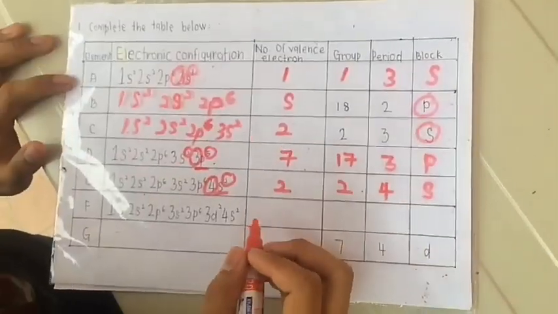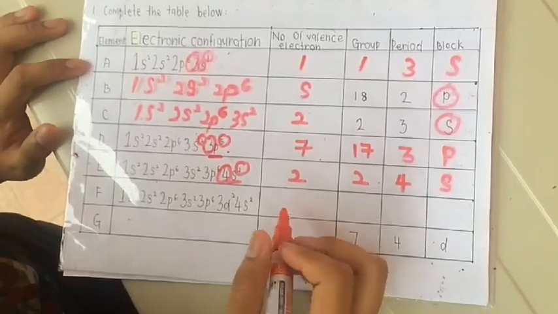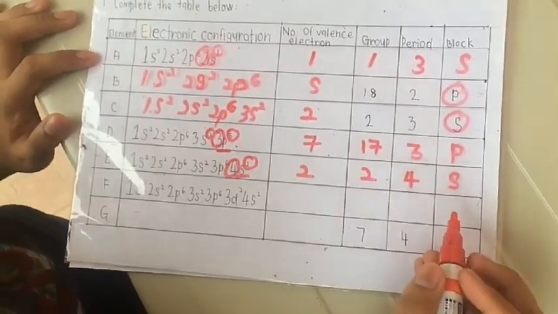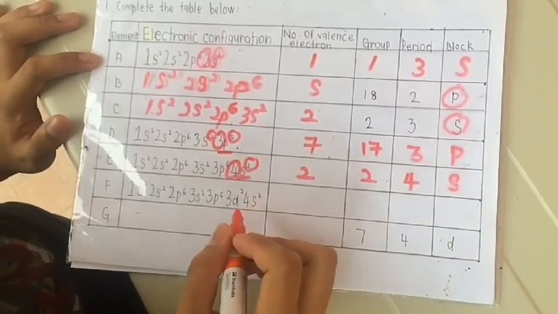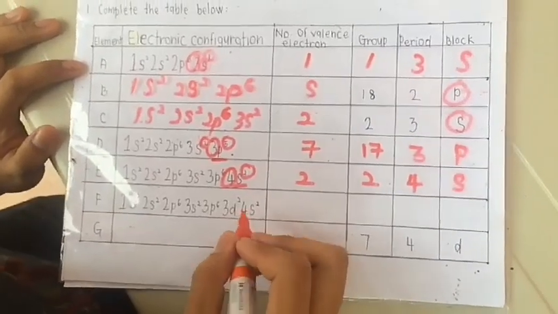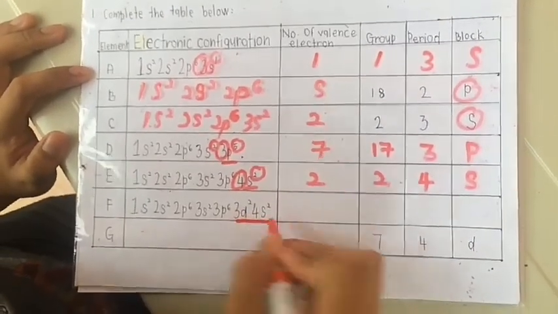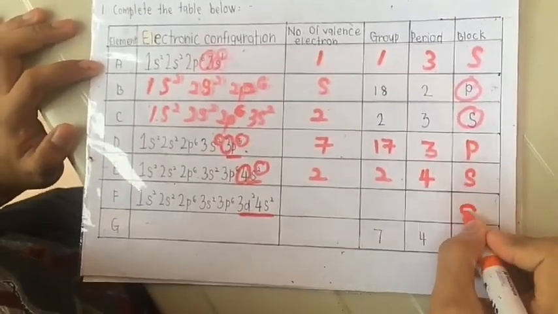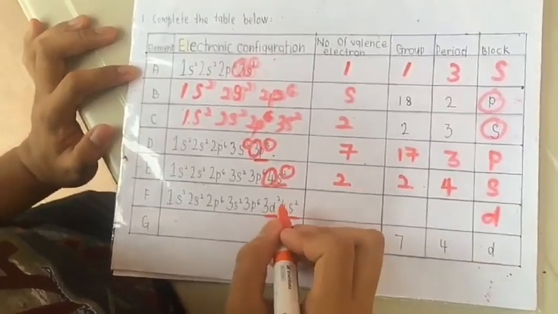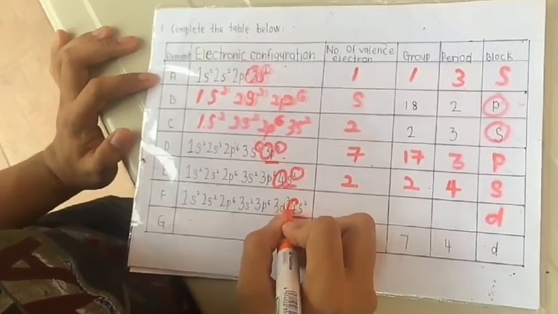For element F, we need to know the number of valence electron, group, period and block. So we determine the valence electronic configuration of F, block is D block. So we write D at the block, and the period of element F is 4.